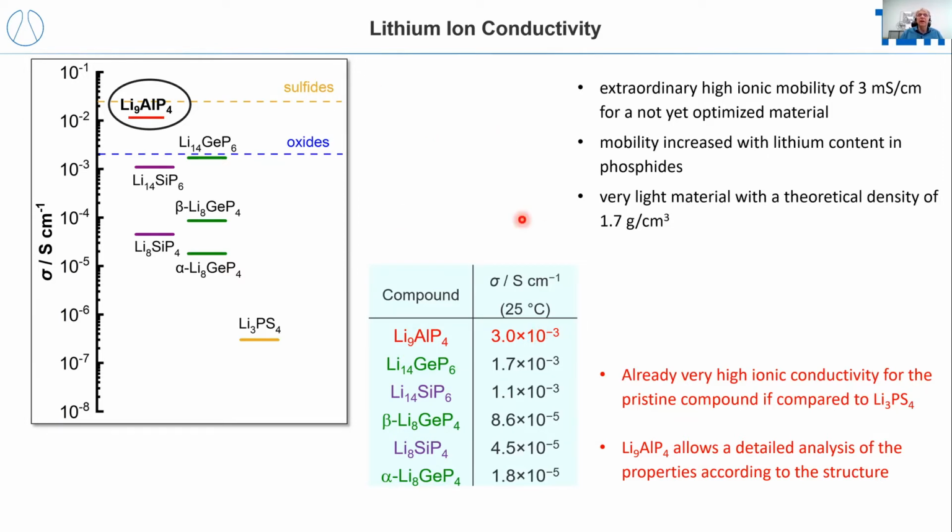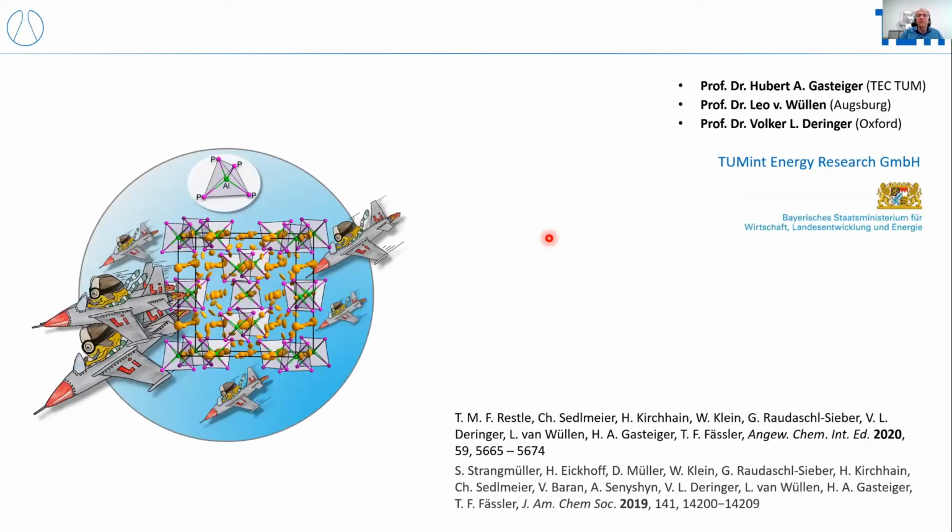Here are the actual values. The compounds are very light, which is always important for mobile applications. But with this example, I want to finish this part on salt-like or salt compounds. And I like to continue.